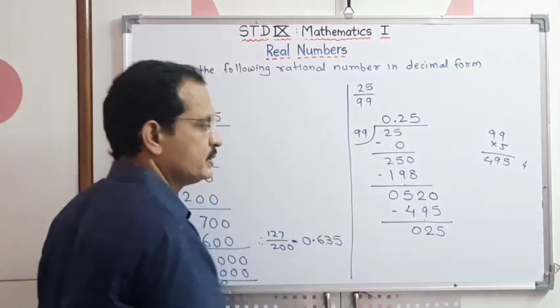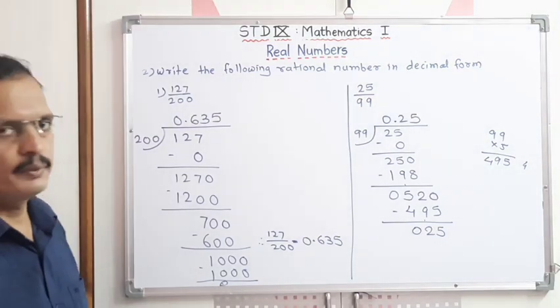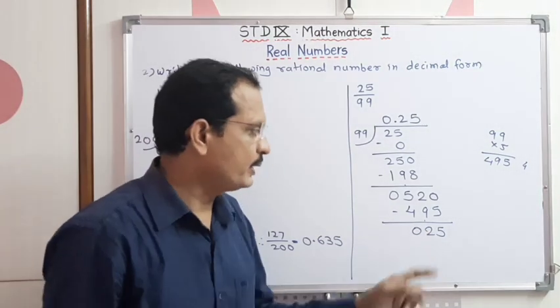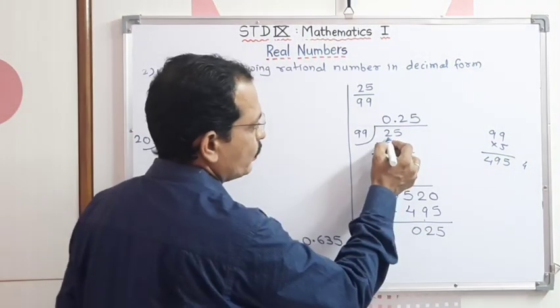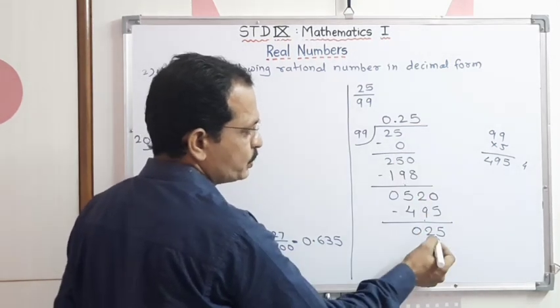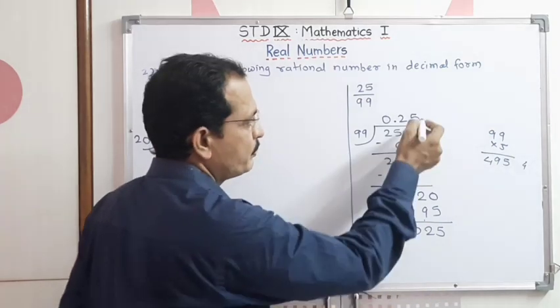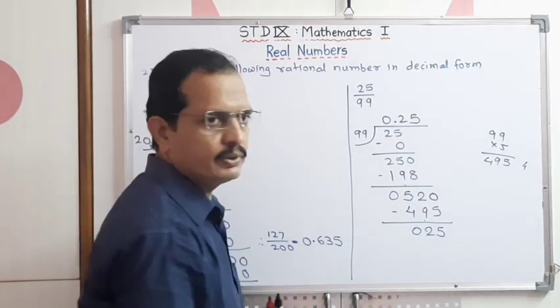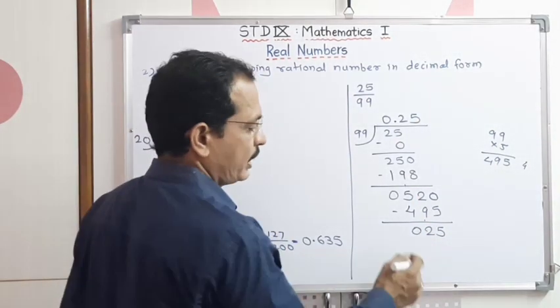And here it is 0. Now see here, it is 25. Again the original number is there. If we do the division, again we get the division of 5. Therefore this type of division is a recurring type.